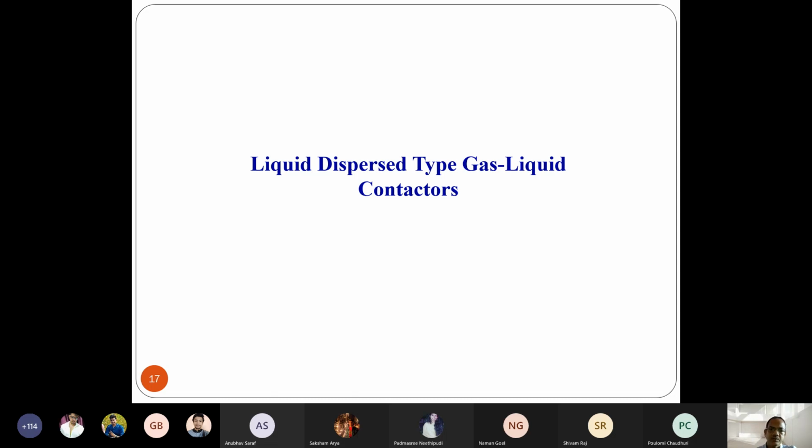There are several types of these tray towers, with varieties depending upon how we are dispersing the gas, and varieties of trays depending upon how we are distributing the liquid over the trays. Those things we have seen.